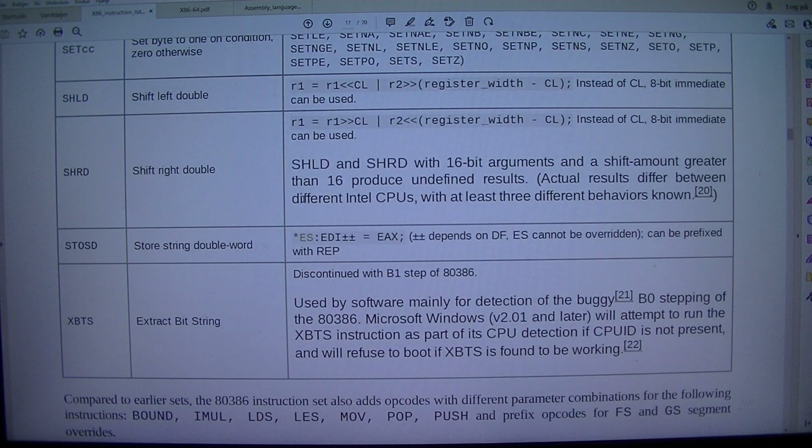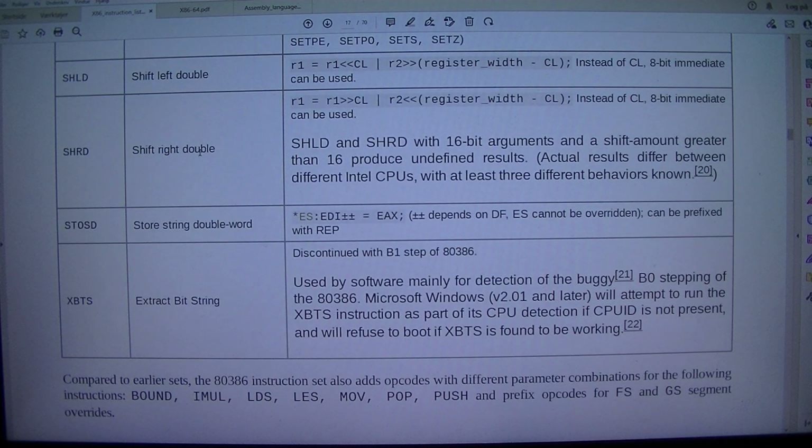SHRD: shift right double, R1 equals R1 >> CL | R2 << (32 - CL), register with CL, 8-bit immediate can be used instead of CL.